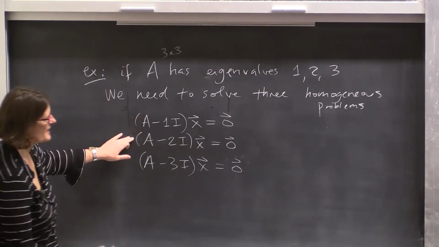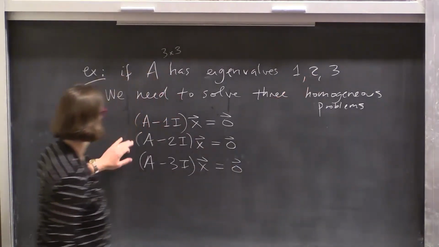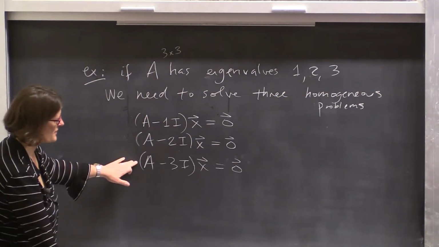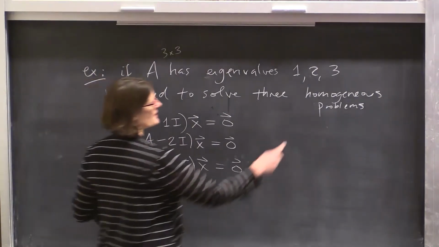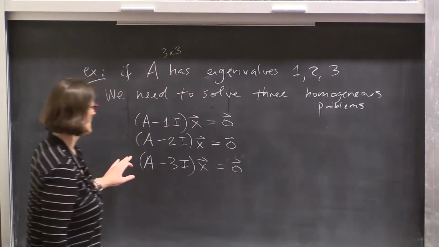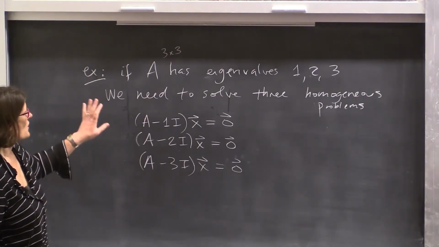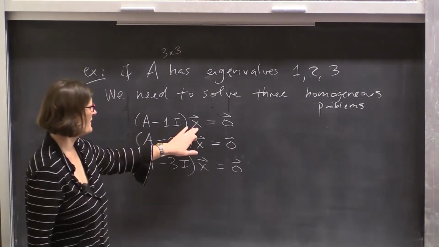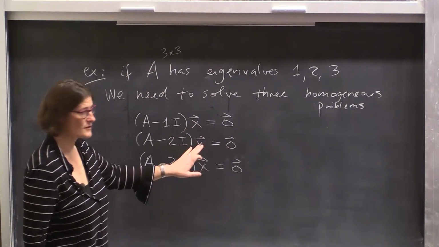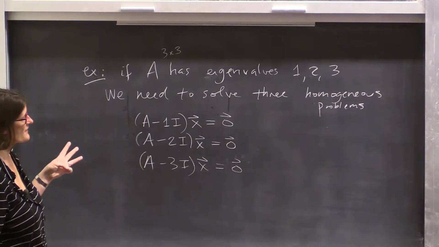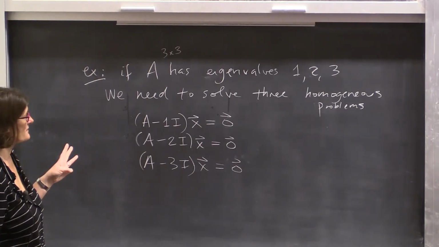That gives us an eigenvector for this. Here we write down the augmented matrix. We carry it to reduced row echelon form. That will give us an eigenvector for eigenvalue 3. So we would get eigenvector, eigenvector, eigenvector. We would get 3 eigenvectors. And it will turn out that those eigenvectors are actually linearly independent.